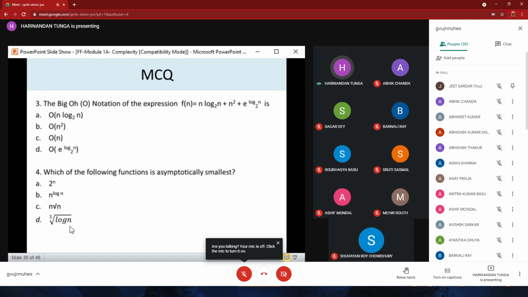The 4 into 2, that is 8. আর এটা কি হবে না, log 4 base 2, that is 2. So log n base 2 is 2. তাহলে cube root of 2, আর ওটা 8। তাহলে এখানে এলো cube root of 2, which is minimum, smallest, তাই না? বুঝতে পারলেন আমি কি বললাম?